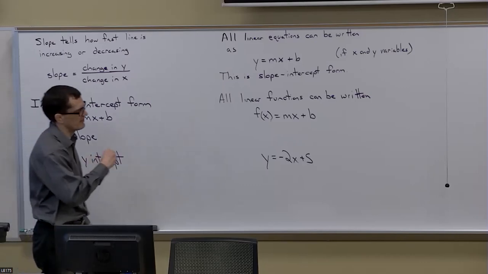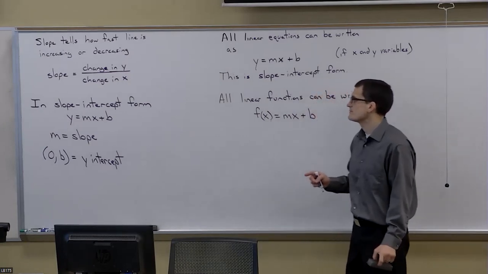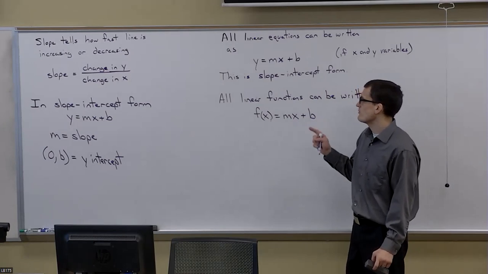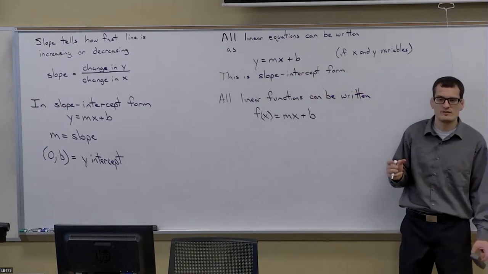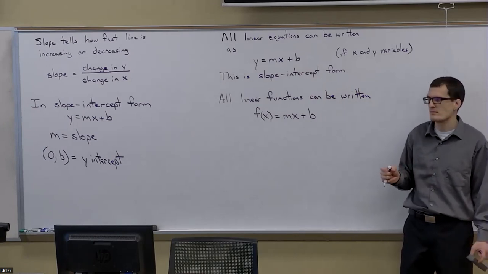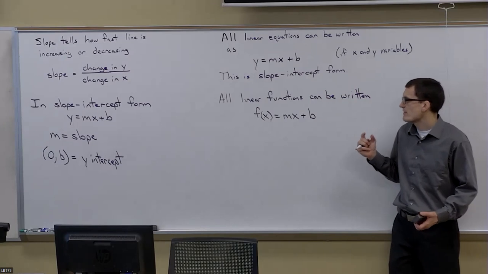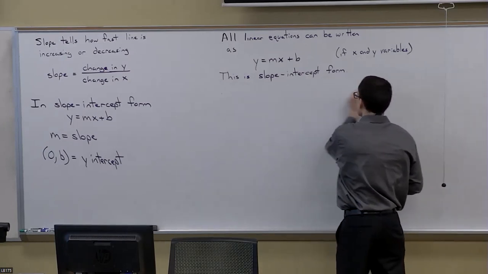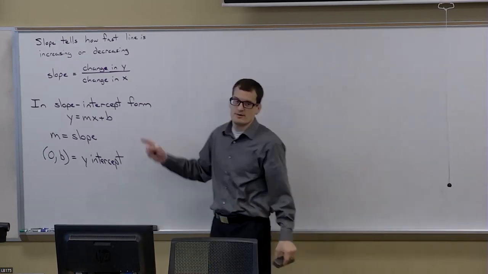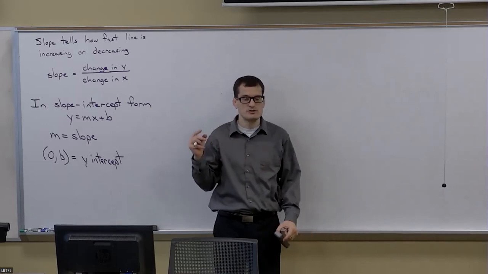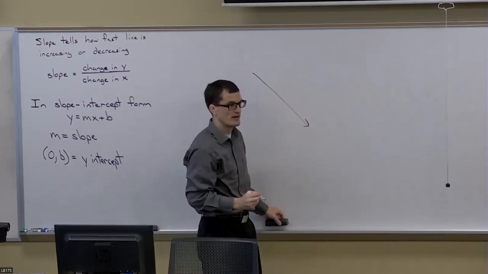So slope tells me how fast lines are increasing or decreasing. It's given to me if I write a function or an equation in slope-intercept form, by that m. And furthermore, negative values in the m mean that as you move from left to right, the line is decreasing, right?